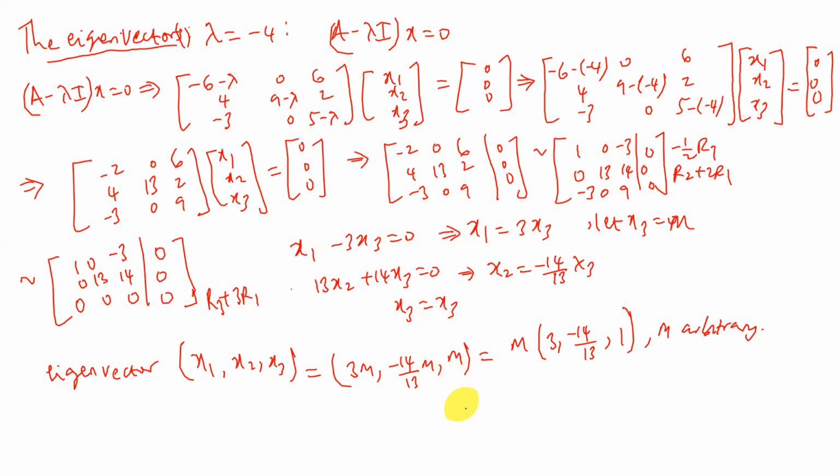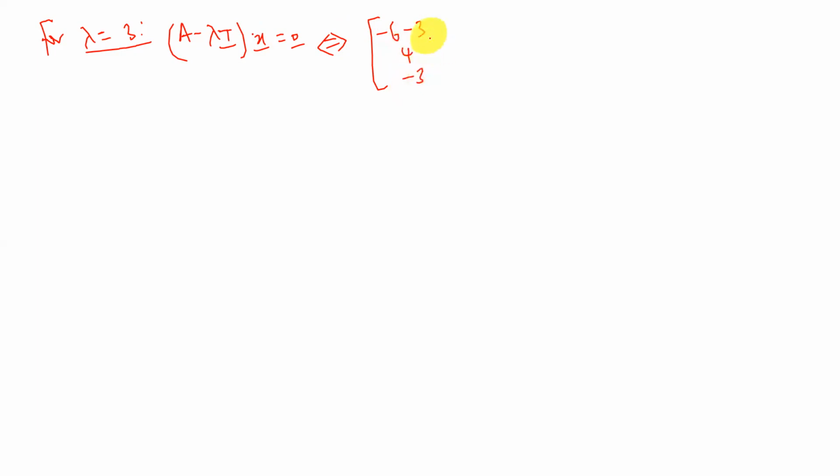For 3 and 9, we have a bit more work with these eigenvectors. Right, so for this one now, one of the eigenvalues was lambda equals 3. So the formula for finding the eigenvectors is this one: A minus 3I times x.